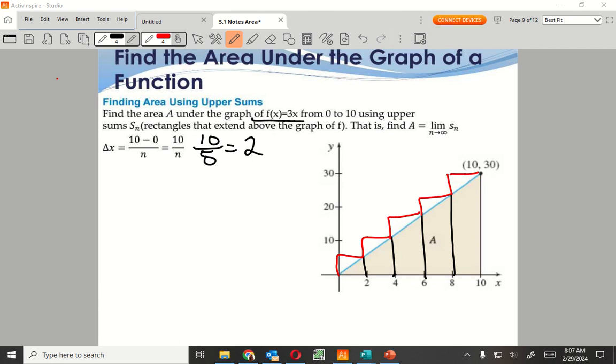So if I were to do my math here, looking at this, is this going to be an overestimation? Yes, this is going to be an overestimation because we've done the upper on each one of these, and my rectangles are all above my line. My delta x is going to be 2, right?